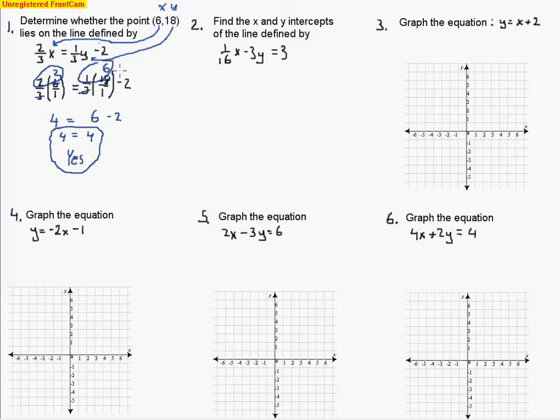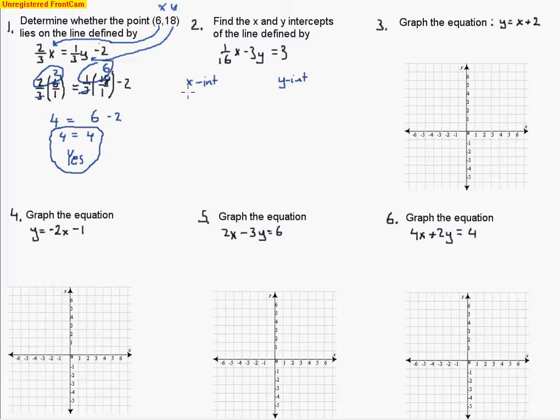The next question asks us to find the x and y intercepts of a line defined by an equation like the one I have here. We're going to have 2 parts to this answer, the x-intercept and the y-intercept, so I would divide it into 2 separate problems.